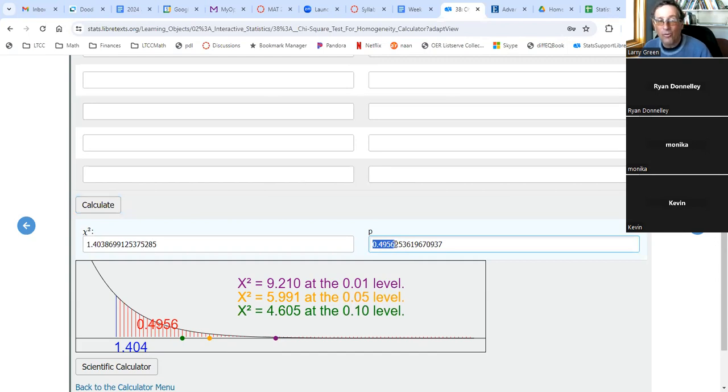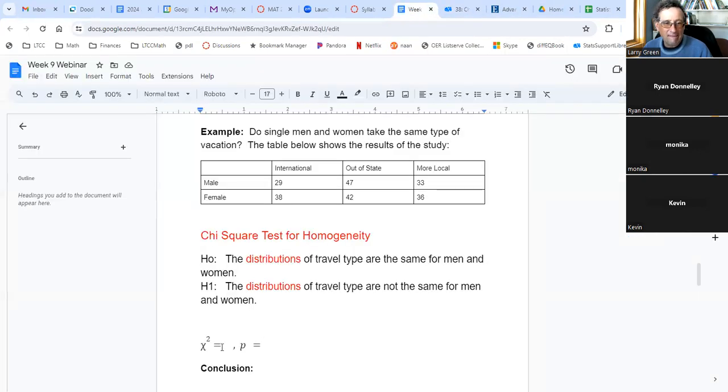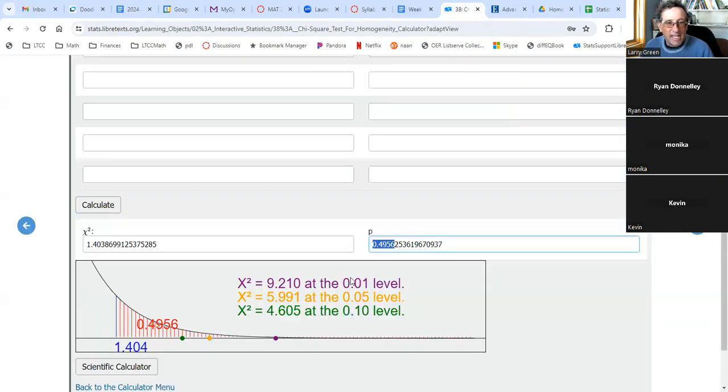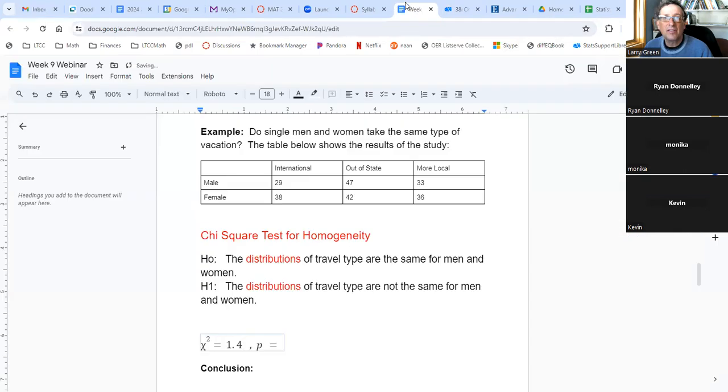Chi-squared is about 1.4. All right, what's the conclusion? The p-value is high. What's the conclusion? At least the first two words.